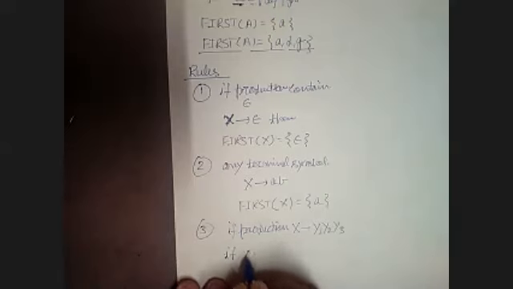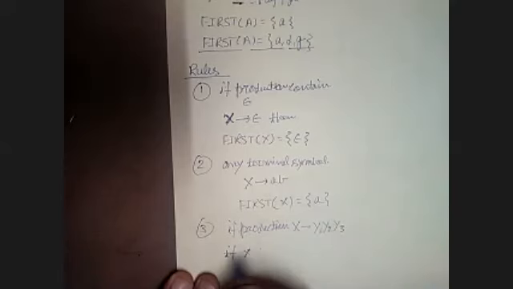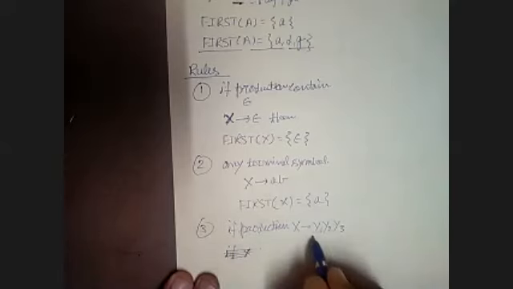X contains, right, आप इसको ऐसे बोल सकते हो, right? If we define the first of that non-terminal which occurs first in the right hand side. So हम सबसे पहले क्या find out करते हैं, जो भी हमारे पास में first right hand side पे जो भी पहला non-terminal है, हम उसके लिए first को find out करते हैं, right?